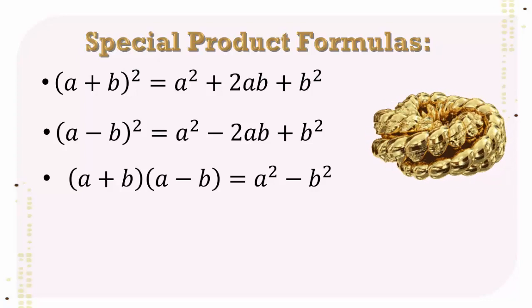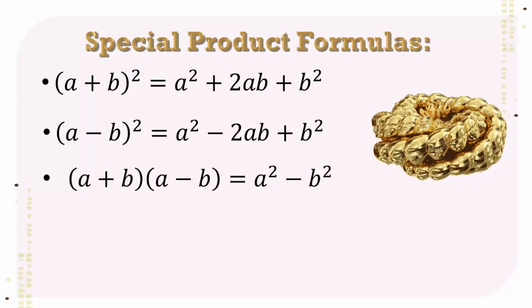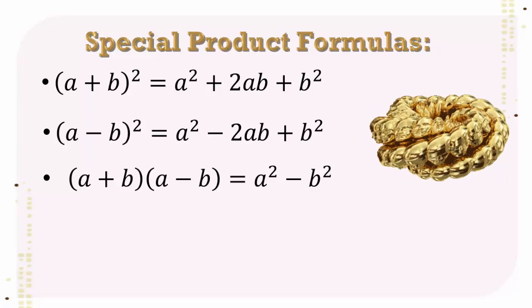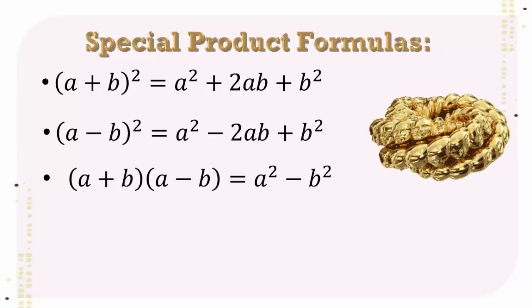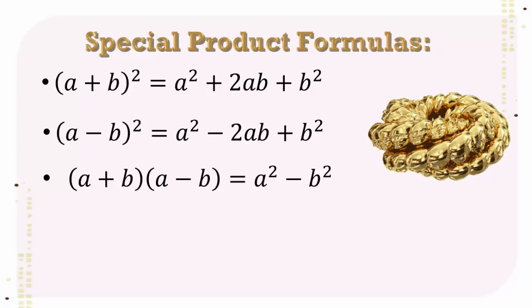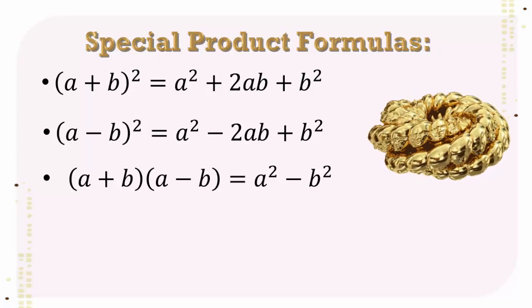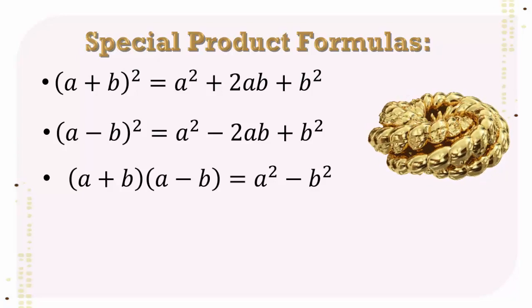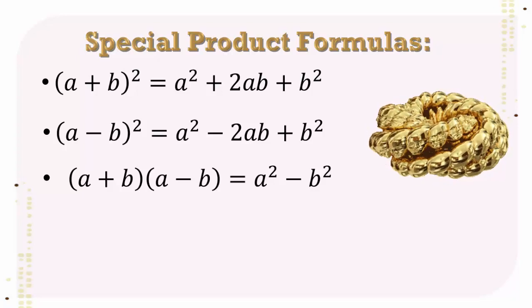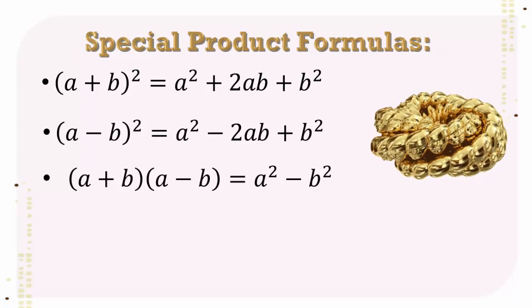For those of you who like to see things as special formulas or special product formulas, these are the formulas. So we've already seen a situation like the first one where we have a plus b squared. And recall the way we actually solved it is we multiplied a plus b times a plus b. And we actually did get a squared plus 2ab plus b squared if you go back and substitute in the right numbers and letters and variables.